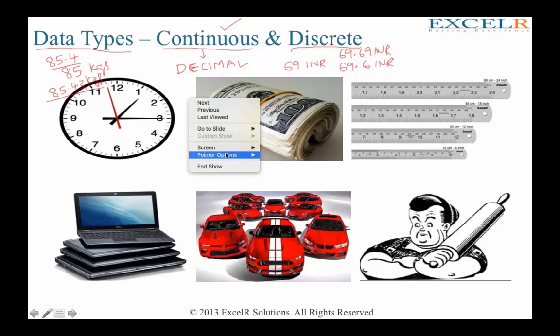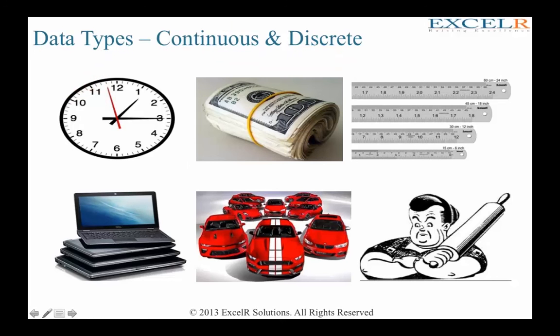All right, then what is this discrete data? If I represent any data in decimal format, and if it does not make sense, it is called discrete data. For example, I can say I have one laptop, or I can say I have two laptops. Can I say I have 1.5 laptops? Does it make sense? No, it doesn't make sense.